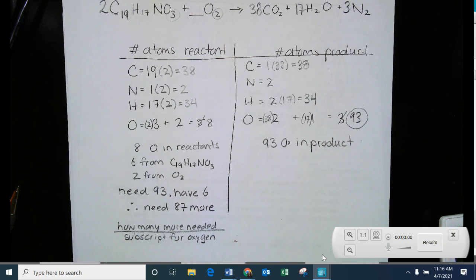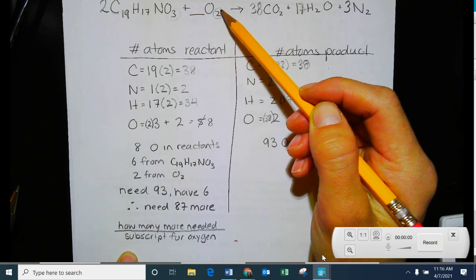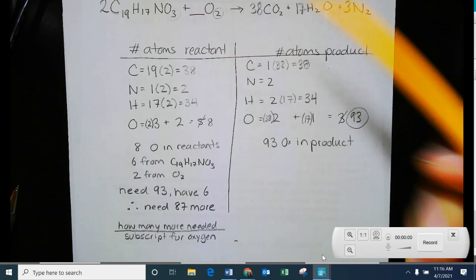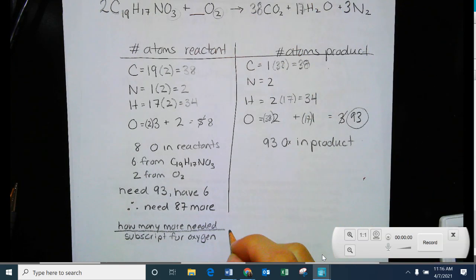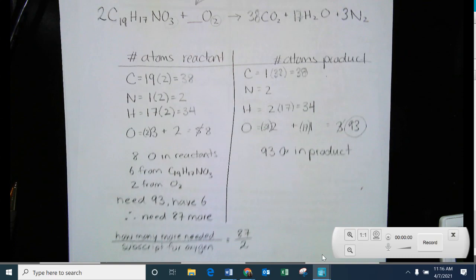Because if we've got the subscript for oxygen on the bottom, when we multiply it, those two things just cancel out. So what this fraction ends up being is 87 over 2. So that's where that 87 over 2 comes from.